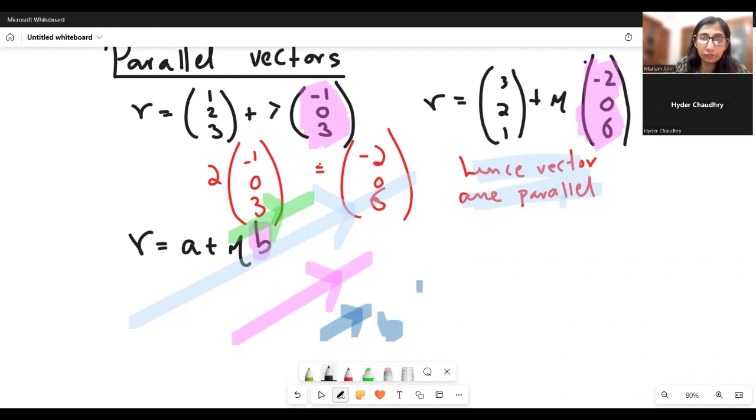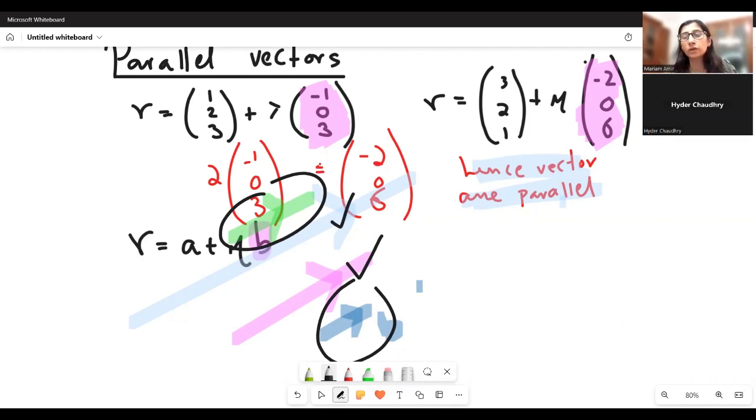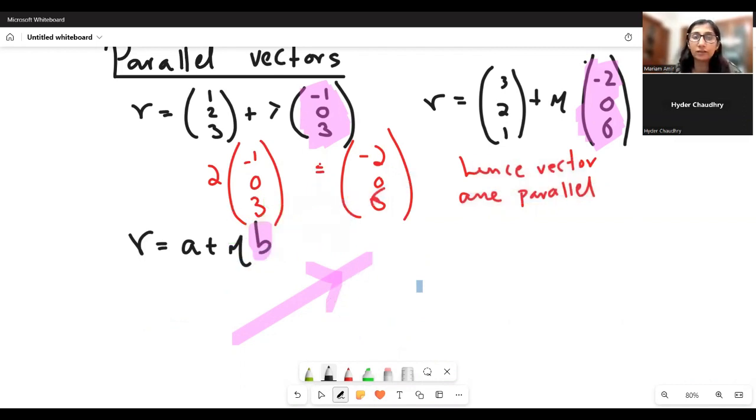So notice that if these two are parallel, then their direction vectors are also parallel. So all you do is look at the direction vector. You don't have to look at the entire vector. If two vectors are parallel to each other, that means their respective direction vectors are also parallel to each other. So you only look at the direction vector in the case of parallel vectors. That's the case of parallel vectors.